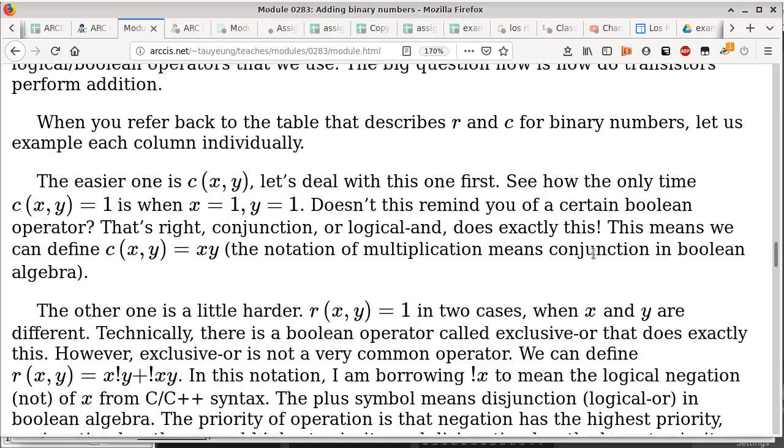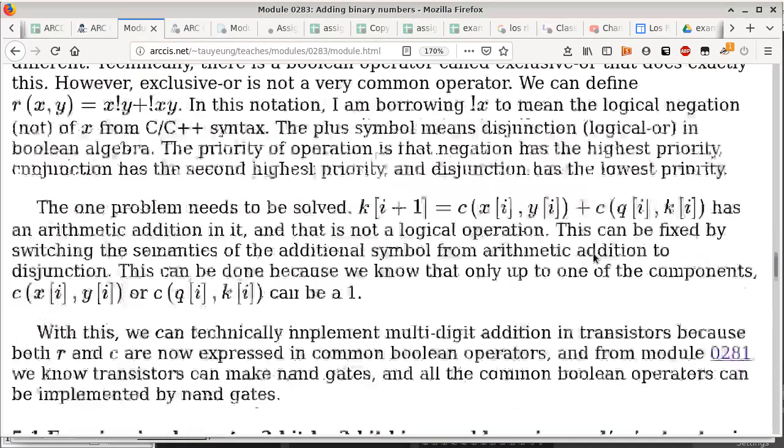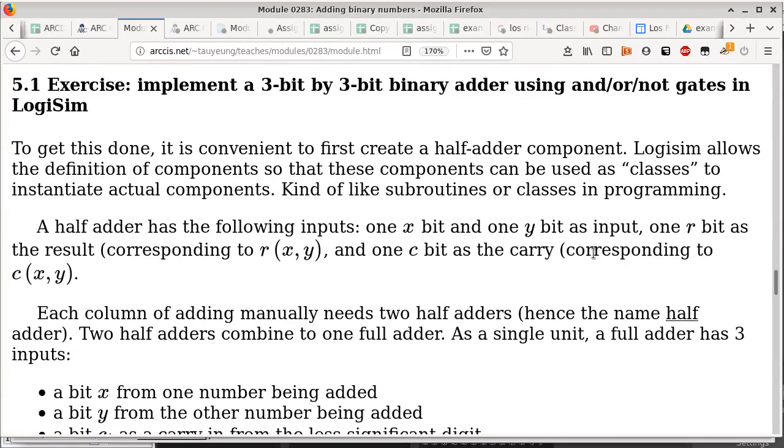And then section 5 is starting to focus on just binary numbers. You should finish the entire module, at least finish reading it once by next Tuesday, because this is what we'll be talking about on next Tuesday.